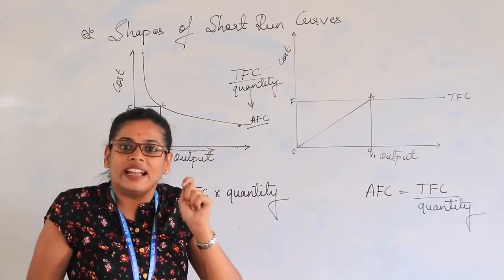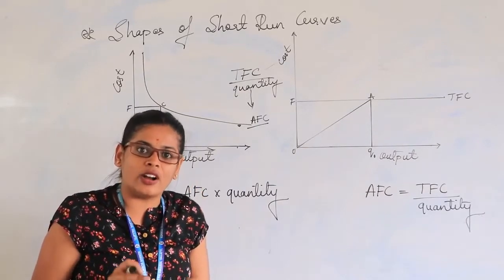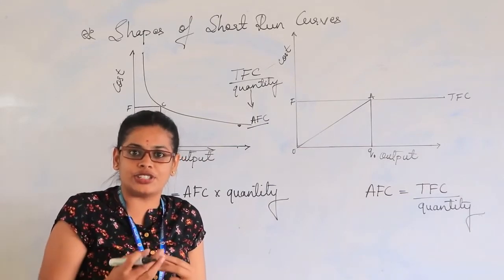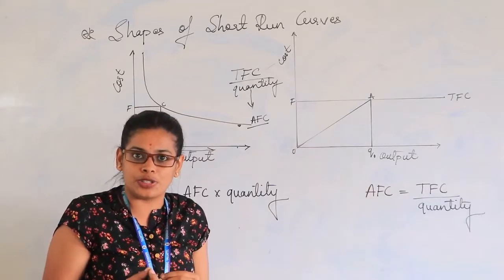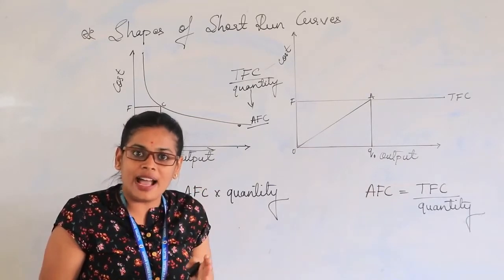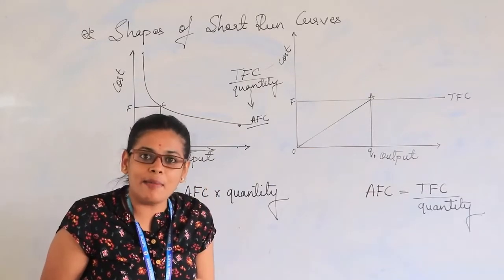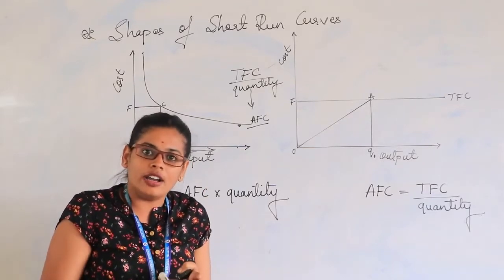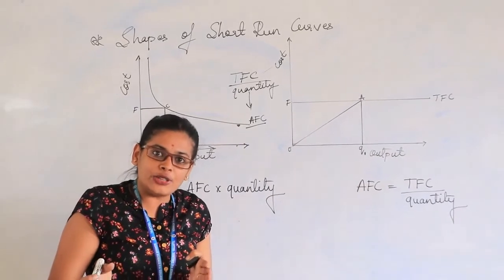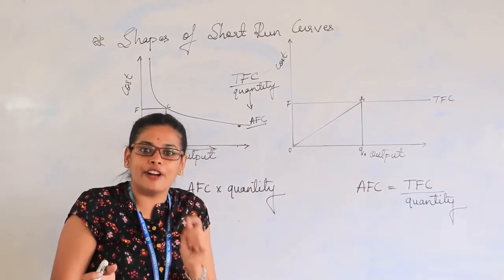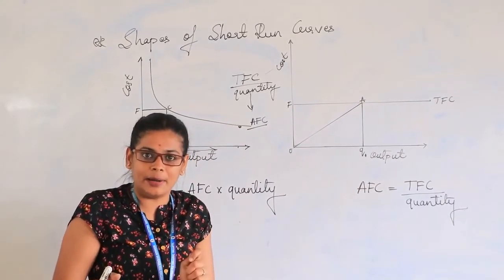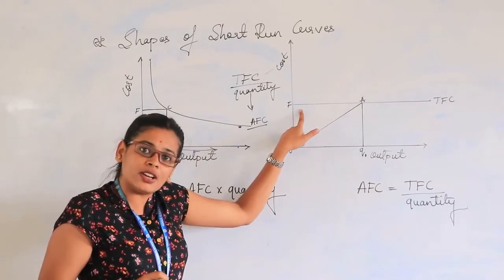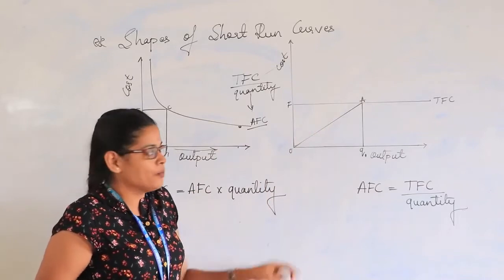Does that rent change with the quantity, or if the firm changes its output decision? No, right? The firm has to pay the same rent whether it produces 1000 units or 2000 units. That's the reason the total fixed cost is not changing.